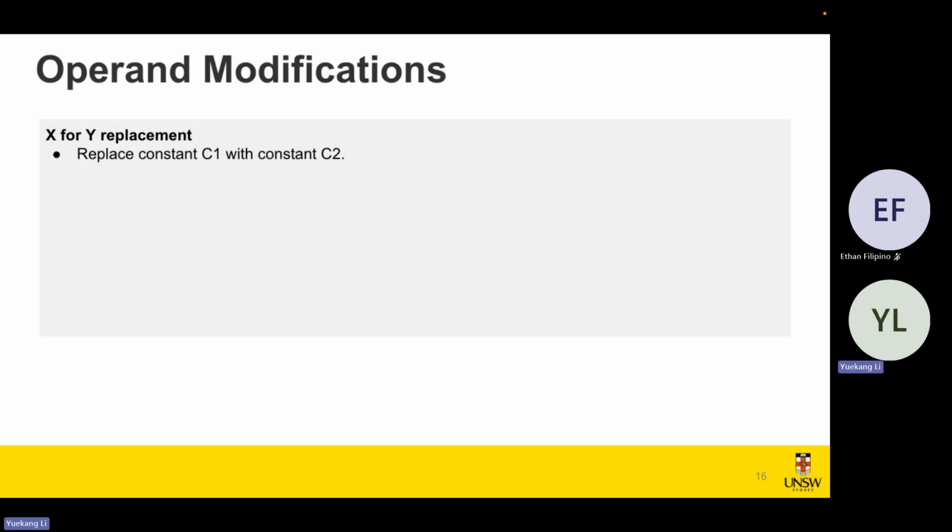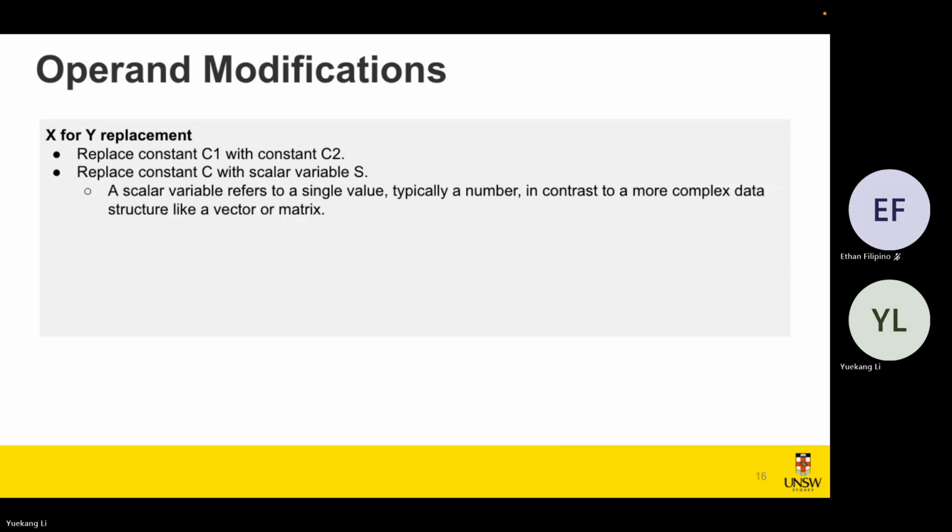For example, we can replace one constant value with another constant value. We can replace a constant with a scalar variable. Scalar variable means it's not a vector, right? It's not an array or list. It's just a single-value variable.